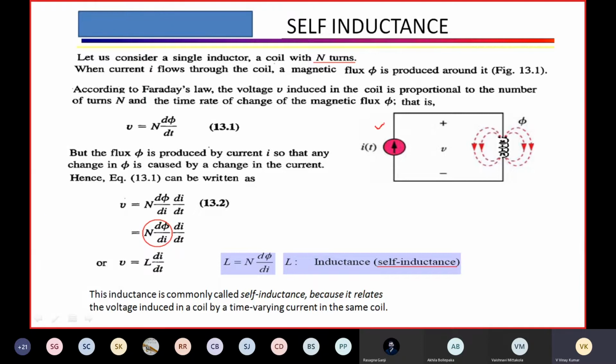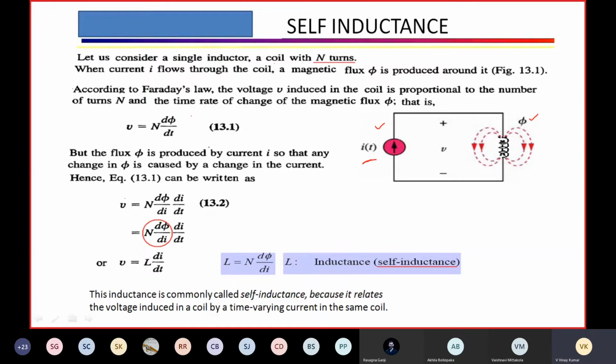So when alternating current is given to this coil, a magnetic field will be produced in this coil. Let phi be the flux produced by this coil, let i(t) be the current given to this coil, and let v be the voltage across this coil.